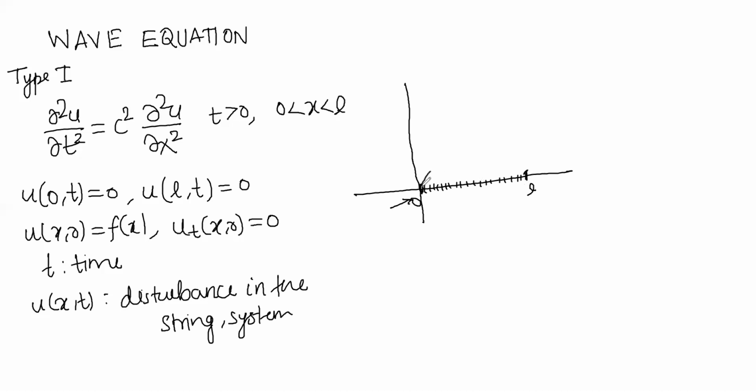In between, there is a disturbance that gives rise to a function, which is my f of x. I have to check the behavior of u(x, t), how it performs. So that's how our type 1 is, for the wave equation.